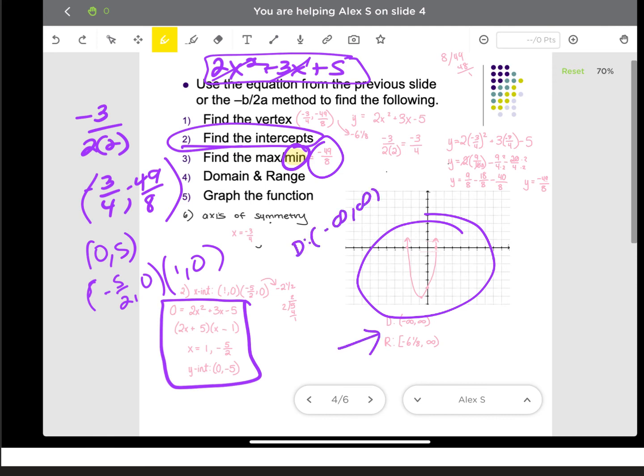And your range is the minimum value, which is negative 6 and 1/8, or negative 49/8. You can leave it like that. Comma, positive infinity. The number has to have a bracket, so the infinities get the parentheses, but the number gets the bracket. And then your axis of symmetry is x equals h. Our h is negative 3/4, so it's x equals negative 3/4.